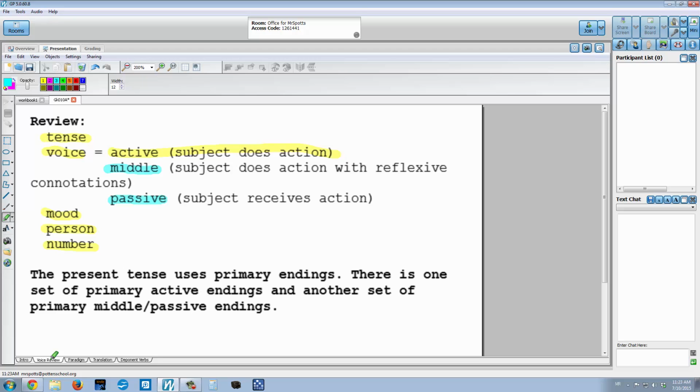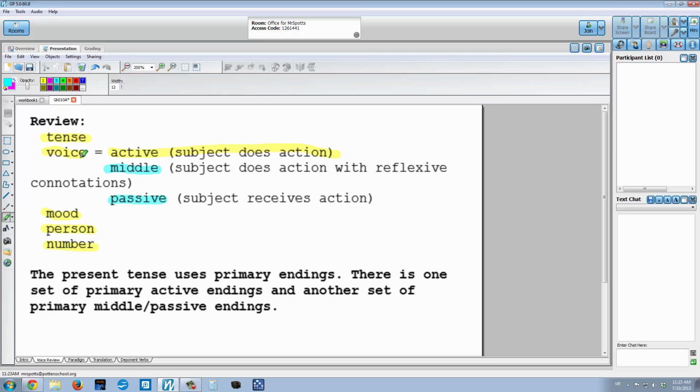Now, back to where we were, the present tense, as you recall, uses primary endings. And you've met the primary active endings. Remember those? O, eis, ei, omen, ete, ousi. But there's another set of primary endings, and those are the primary middle or passive endings.